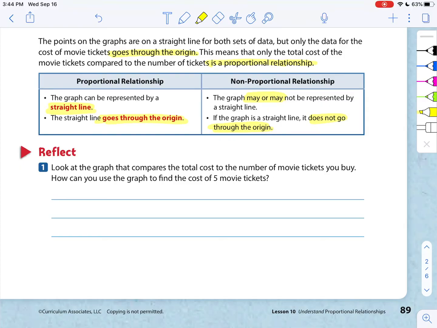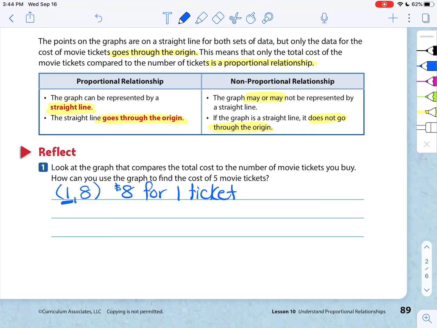So like I said, there are several ways you could figure out how much 5 movie tickets would cost. One way is, by looking at the graph, the point (1, 8) represents the unit rate, or how much it is for one ticket. So based off of that point that's on our graph, we know that it is $8 for one ticket.